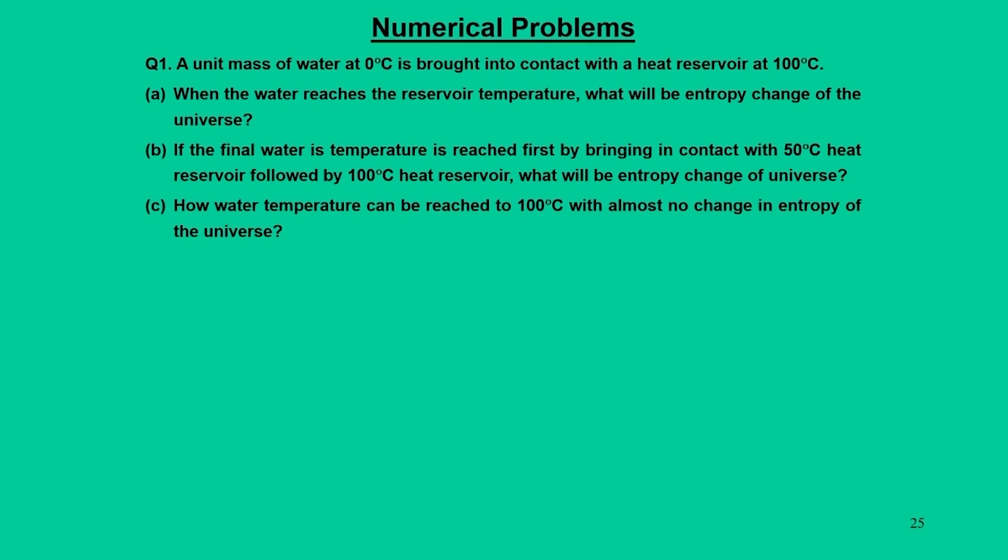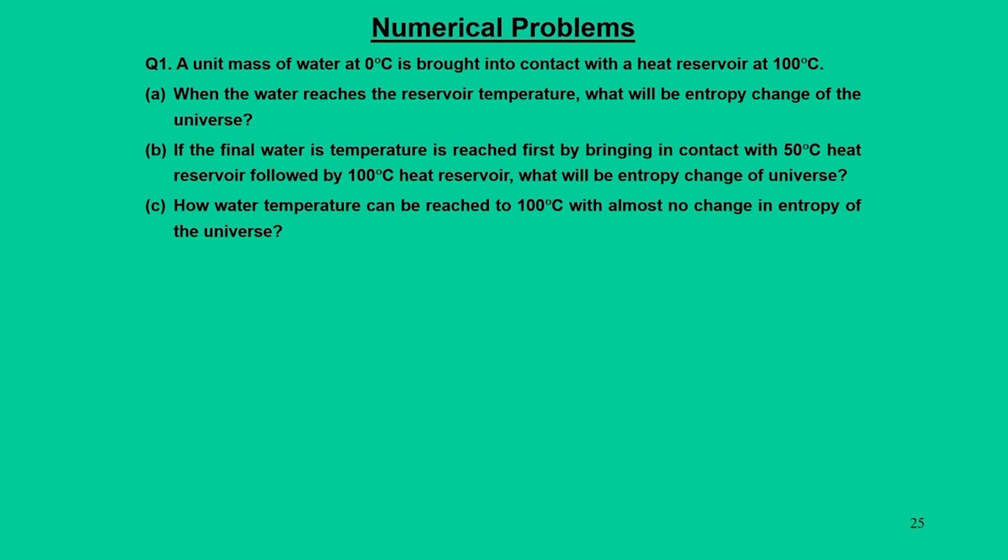How can a process be reversibly heated? One typical example which is given here is that there is a unit mass of water at 0 degree centigrade. It is brought into contact with a heat reservoir at 100 degree centigrade.